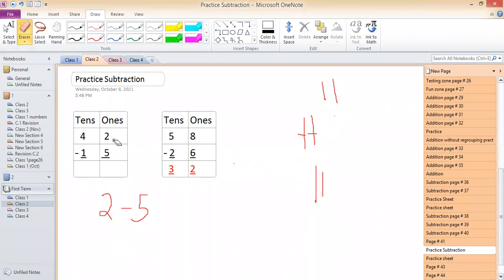When the first number is 2, that means you have to draw 2 lines. Now you have to subtract 5, that means you need to cancel 5 lines. So 1, 2, you cannot cancel 5 lines. So at that stage, what will you do?